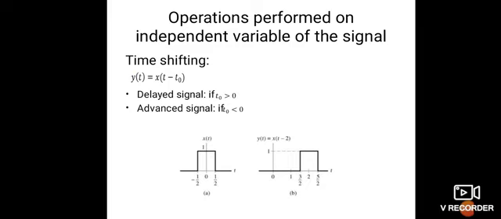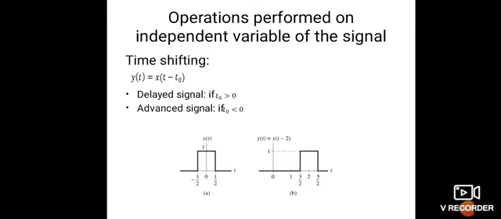Now if I take y(t) equal to x(t minus 2), then the signal starts from positive 2. So previously the signal started from 0 and now it starts from 2. That means it is delayed by 2 in the right side. So if t0 is greater than 0, the function is delayed.